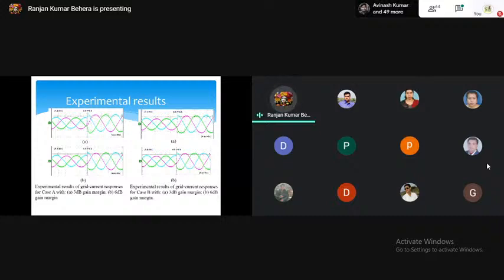Sometimes you may also jump from the lowest to the 4th step. When you go by staircase, step by step, there is a sluggish response. But when you jump, it is a very quick response.